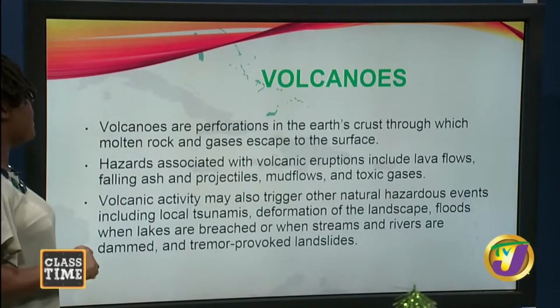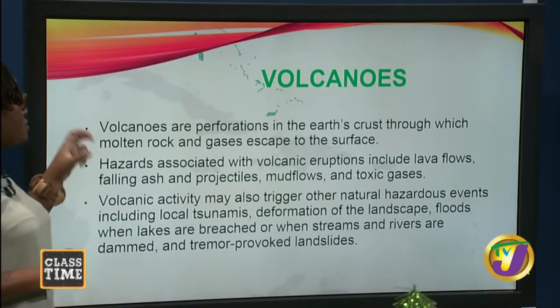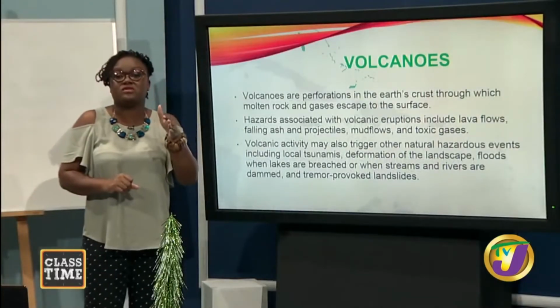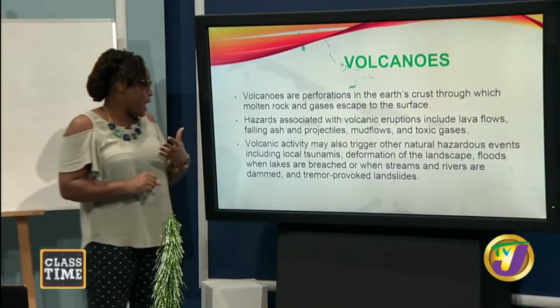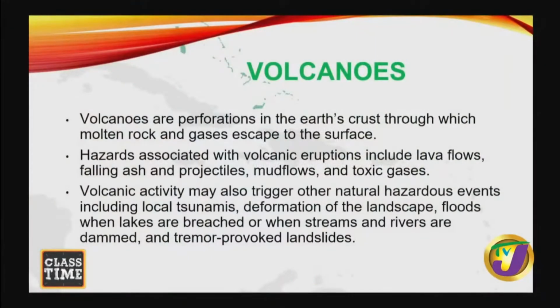Volcanoes now, these are perforations in the Earth's crust, and we just saw a video that shows us directly how volcanoes occur, how they happen. And the hazards that are associated, or the disaster that may come as a result, are falling ash, projectiles, mud flows, toxic gases, and so on.